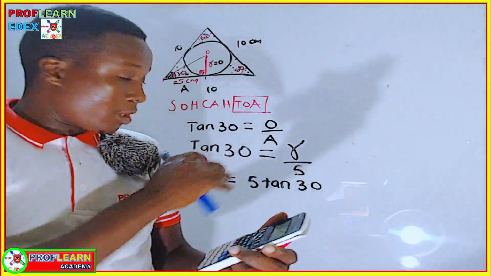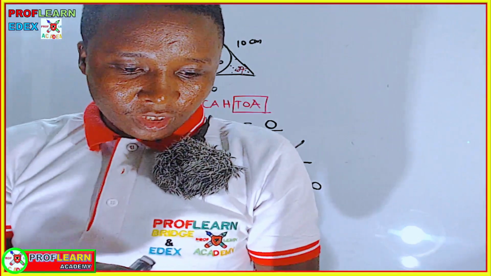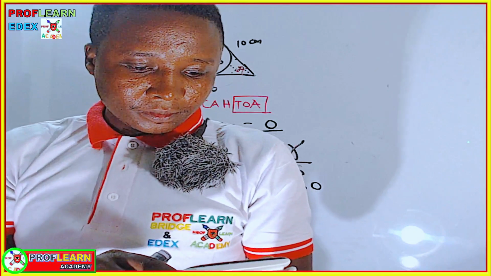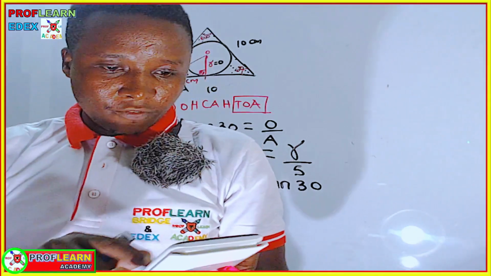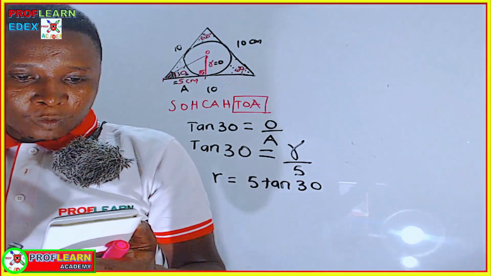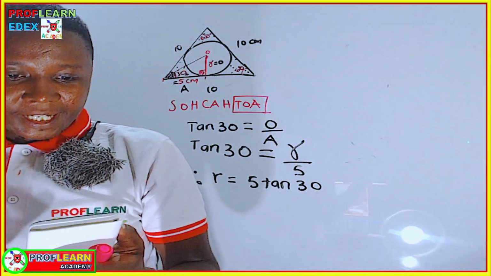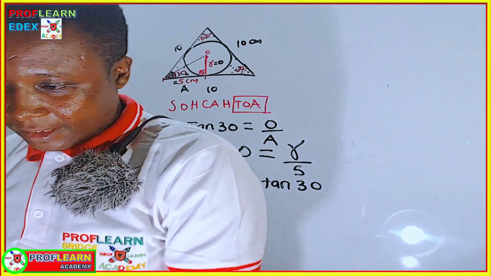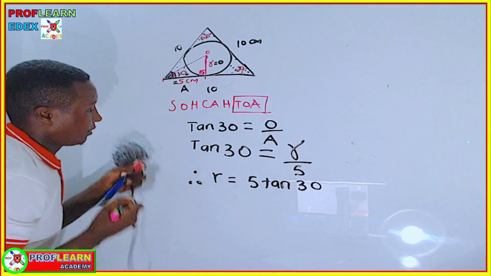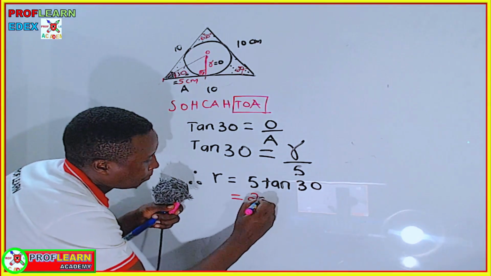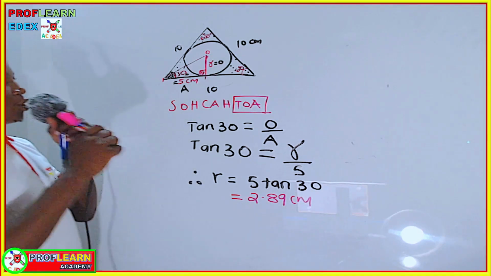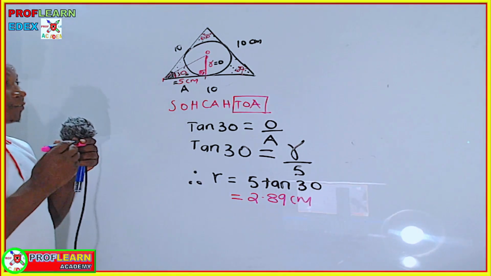In this case, I'm going to work with degrees. So 5 tan 30 gives my answer as 2.89 centimeters. So I know the radius of this circle.